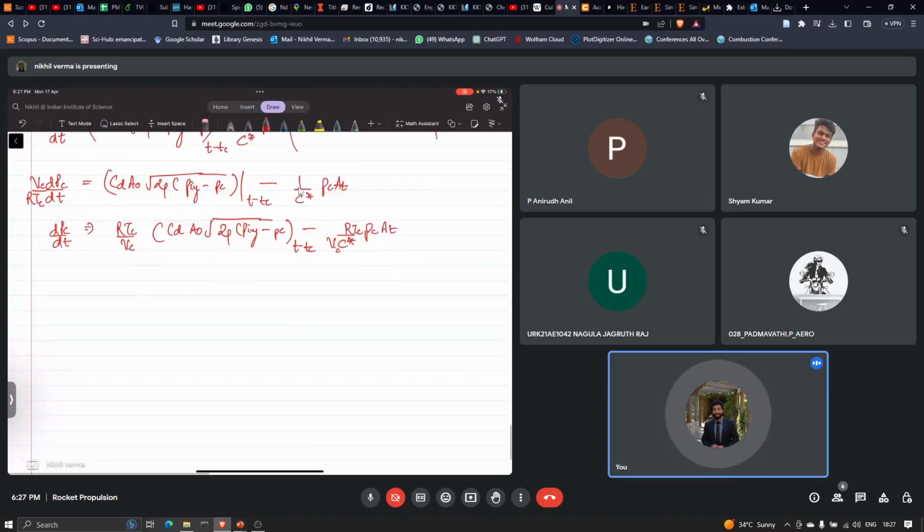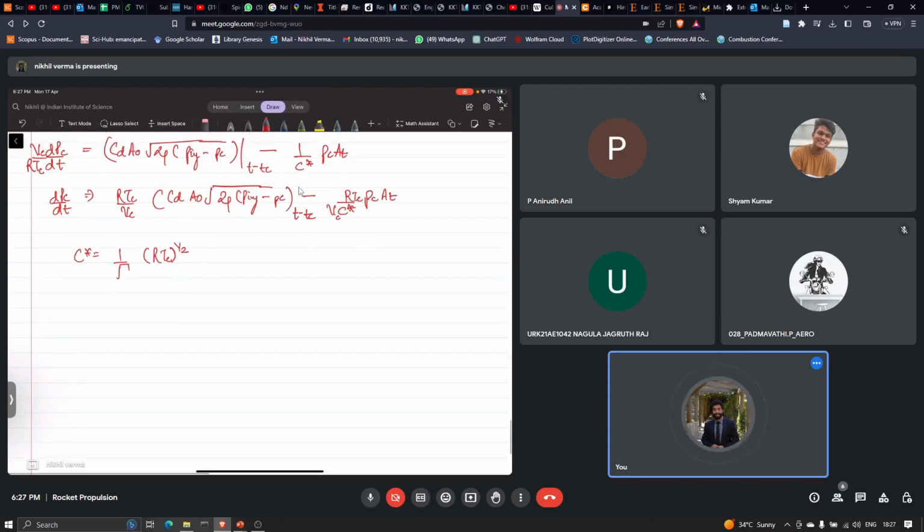Okay, so now C star can be written as 1 by gamma RTc to the power 1 by 2 under root, and L star can be written as Vc by At. What we are interested in is combining these terms.